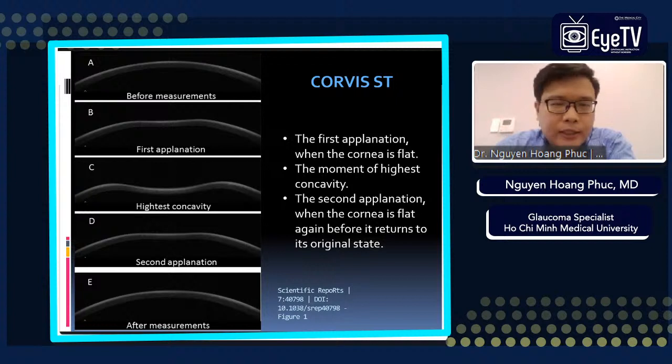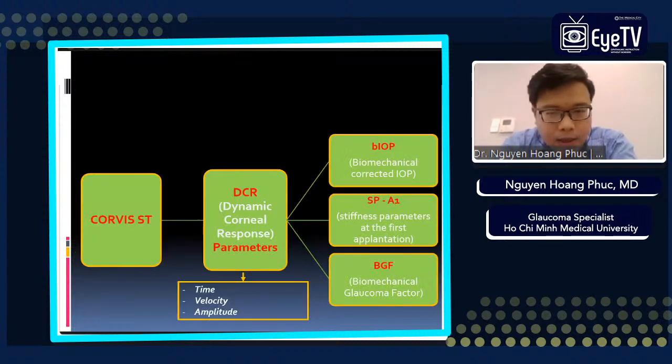We have three main stages of deformation. The first stage is the first applanation of the cornea, and then the cornea reaches the highest concavity. And after that, it recovers to normal. We have a second applanation. Because the Corvis ST uses an ultra high speed camera, it can get every movement image of the cornea, and then it measures and provides many important parameters. This is how the Corvis ST works.